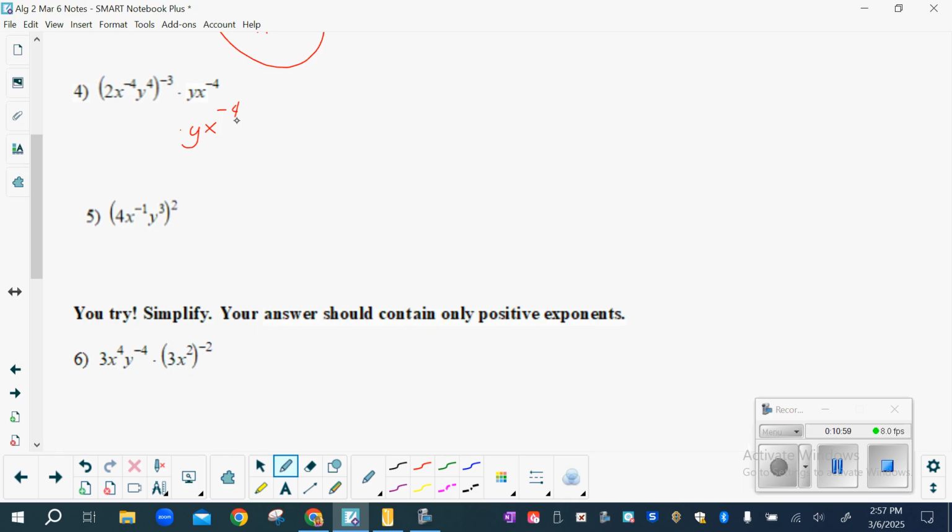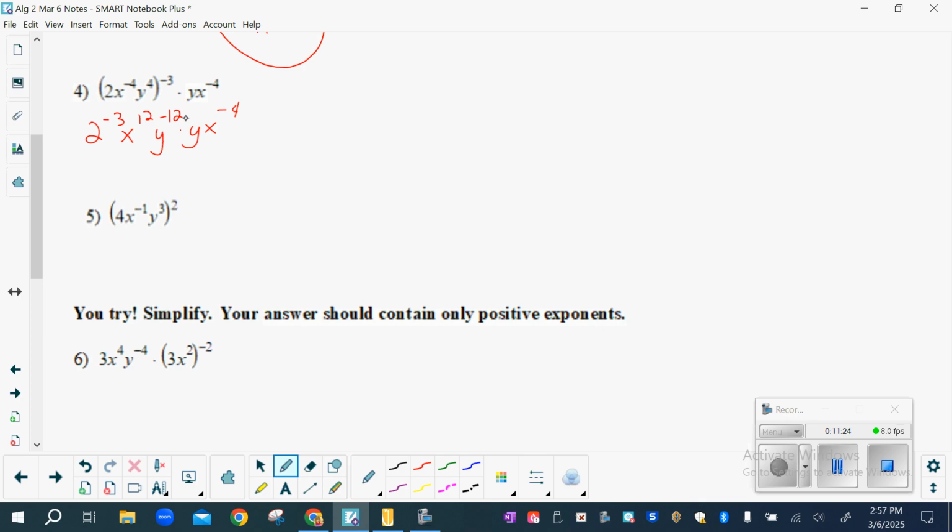So we do something with the 2. It's 2 to the negative 3. And then what do we do with the exponents when we multiply them? So it becomes x to the 12 and y to the positive 12 or negative 12?